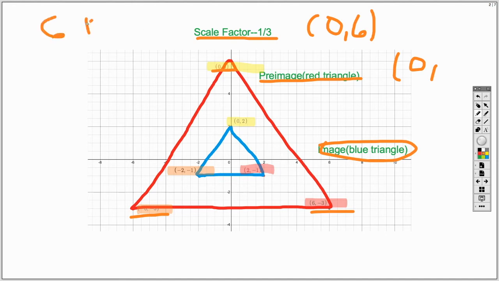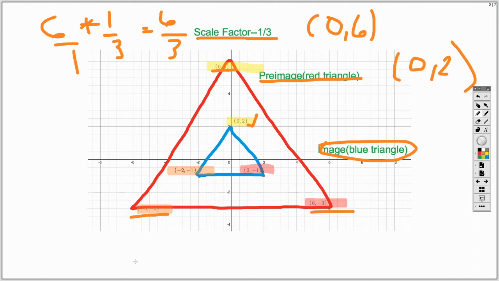If I write that out, it is 2, because 6 times 1 equals 6, and then I put a little 1 underneath because 6 divided by 1 is 6. And 1 times 3 is 3, and 6 divided by 3 would be 2. So 0, 2 would be one of our first points. And yes, 0, 2 is a point of our dilated image.